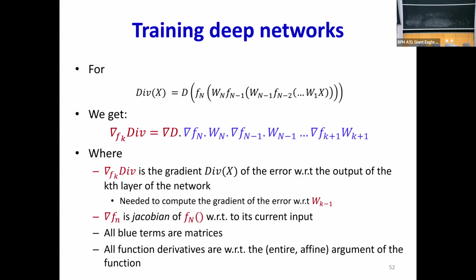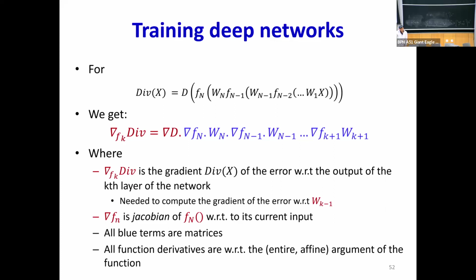What is it transformed by first? The last layer's Jacobian, right? So this derivative of the divergence is first transformed by this Jacobian, and then that result is transformed by this weight matrix. That result is transformed by this Jacobian, that result is transformed by this weight matrix, and so on.